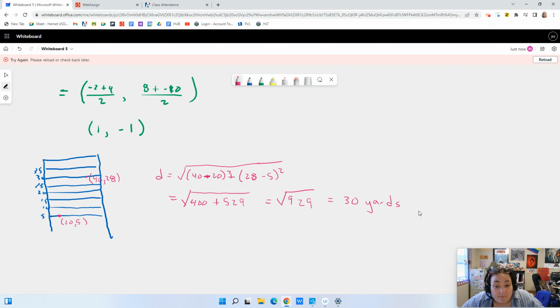Midpoint or distance? Yeah, this is a key giveaway in that one. It said how long. If they're looking for an estimate, you're probably dealing with midpoint. If you're looking for a length, you're probably dealing with distance.